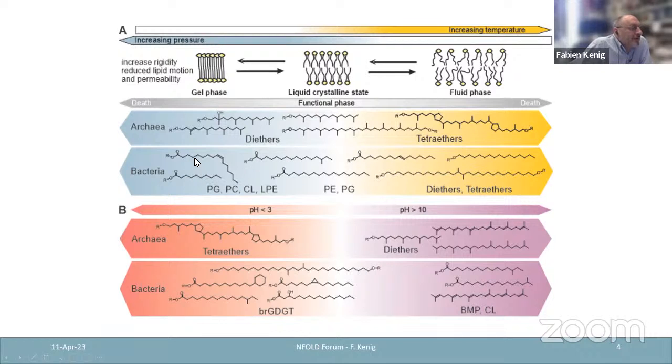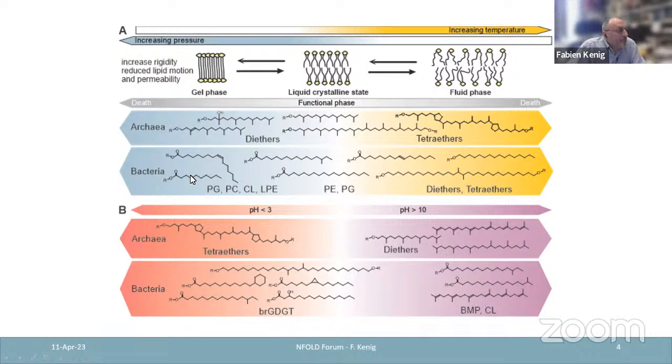For bacteria, there are many differences, from using, again, ether-bound cross-membrane diabolic acid to stabilize the membrane, to including unsaturation to create disorder in the membrane when you are in the gel phase and allow this membrane to function normally.